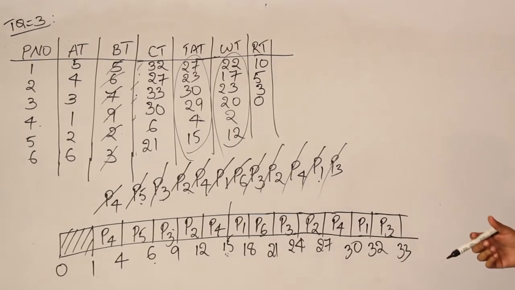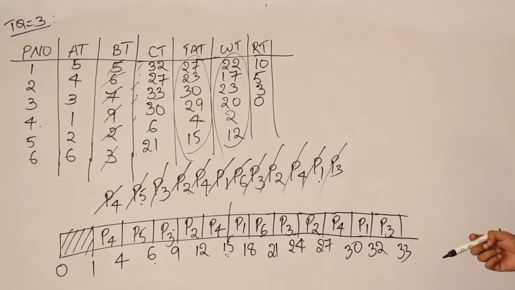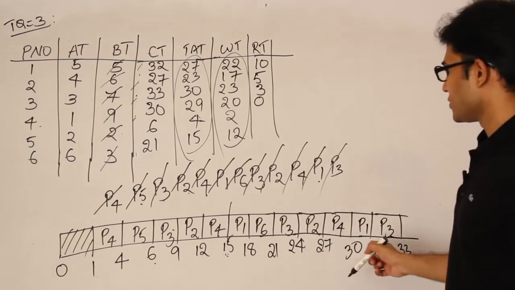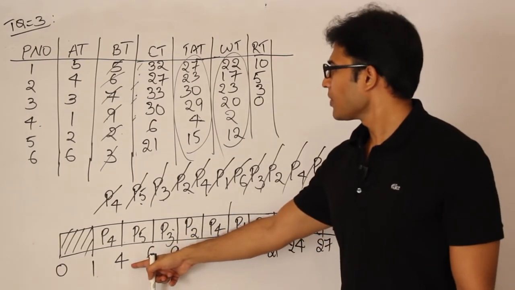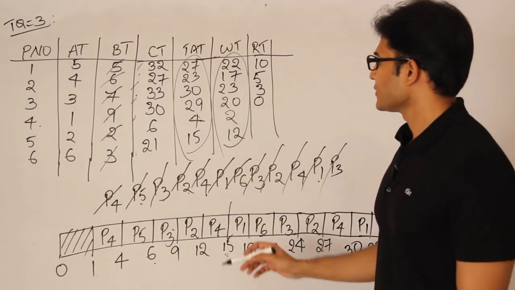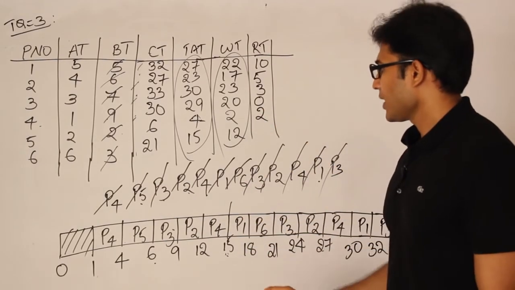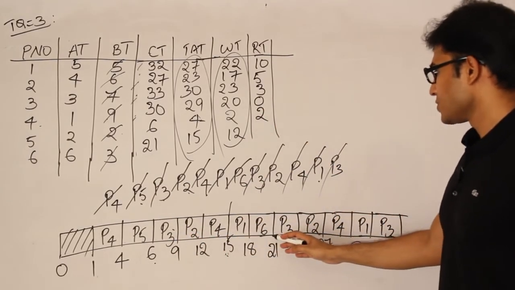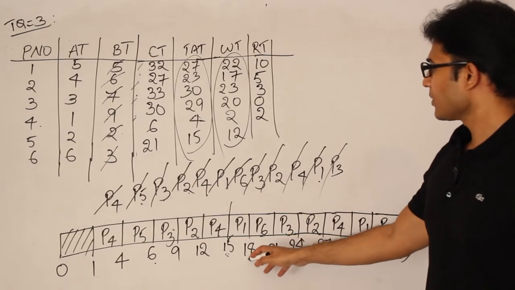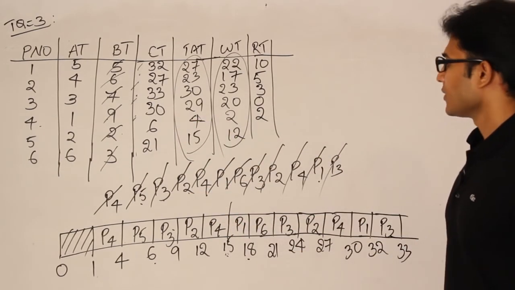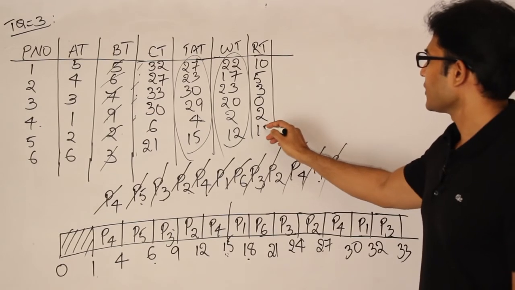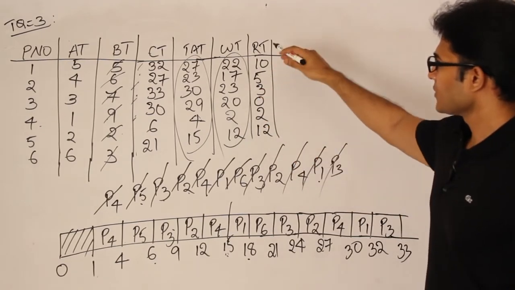And what about P5? It got scheduled at 4, but it arrived at 2. Therefore its response time is 2. And what about P6? It got scheduled for the first time at 18, but it arrived at 6. Therefore its response time is 12, right? And now you can find out the average response time.